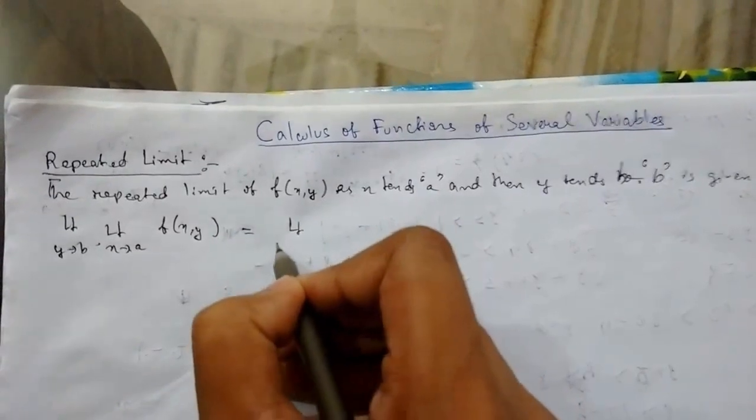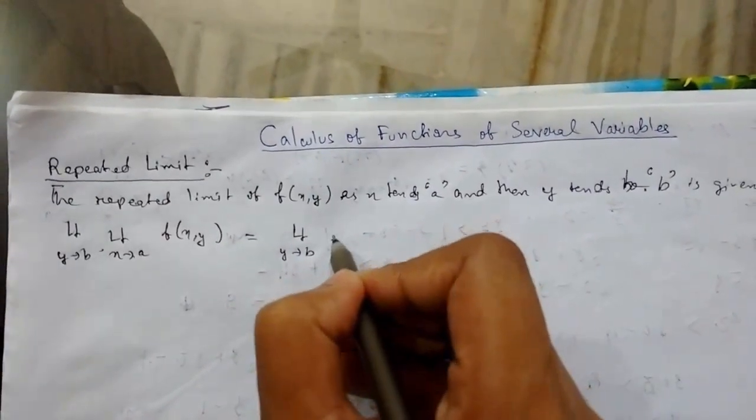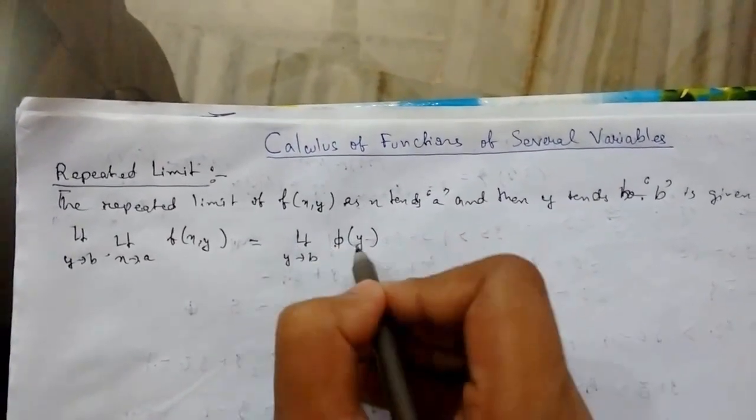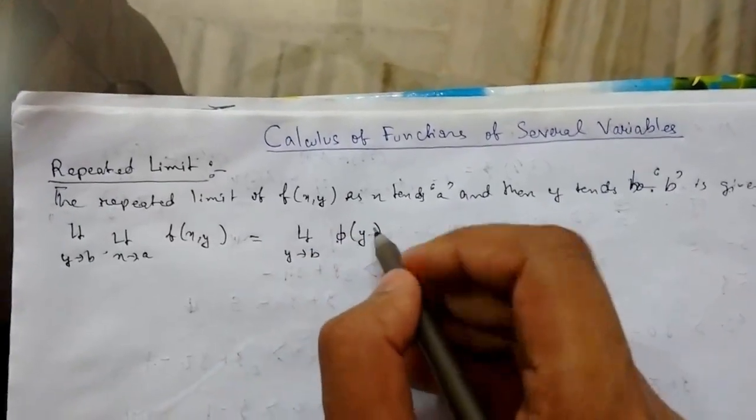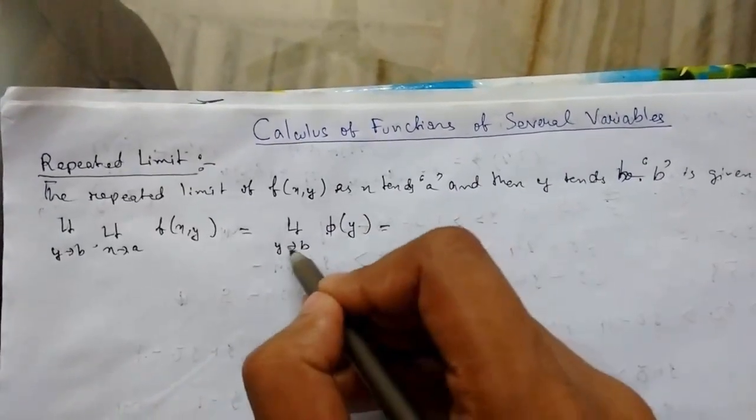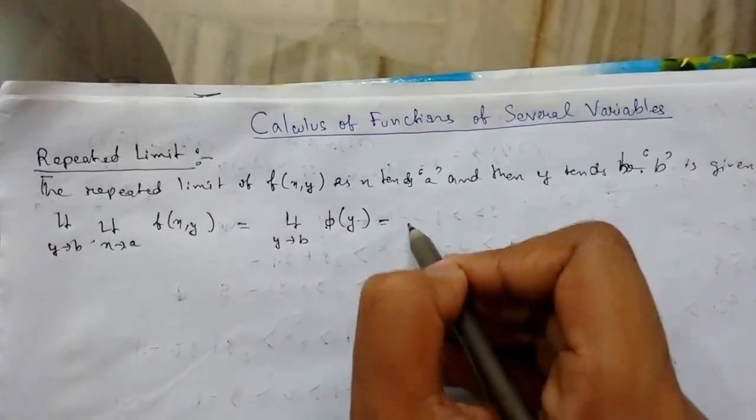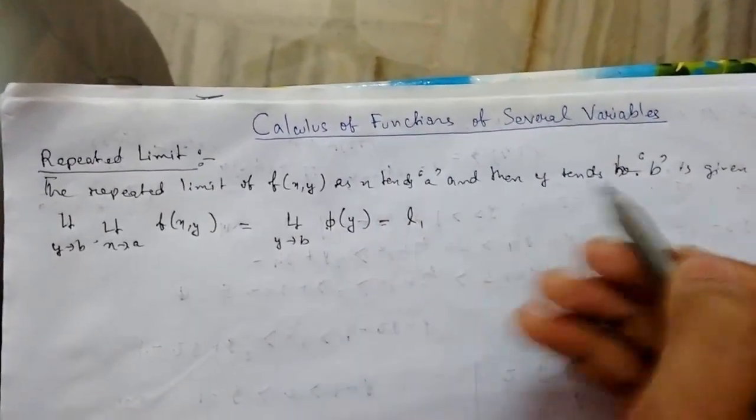So this will be limit y tending to b of some function which will be converted into a function of y, because we have already put the value of x. And then again putting the limiting value of y, we get some limiting value, let's say L1.